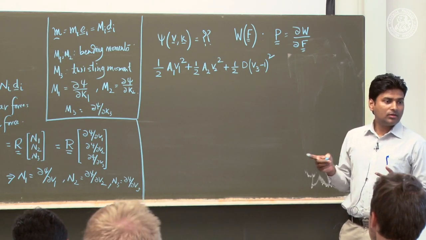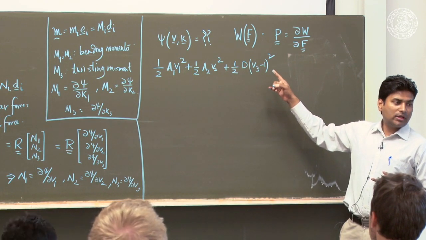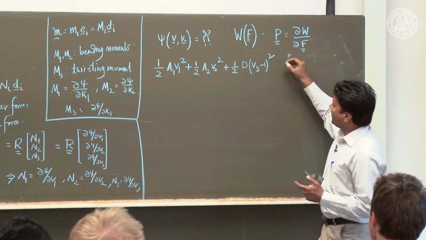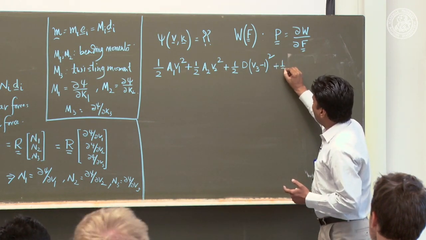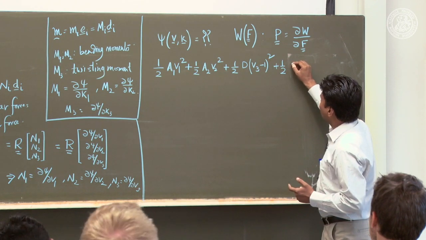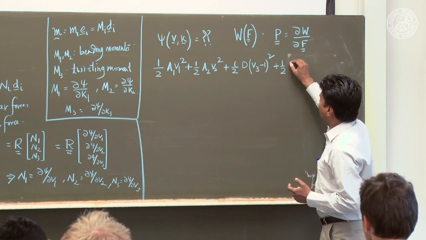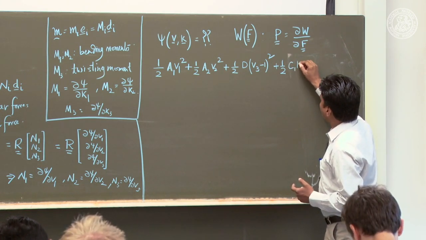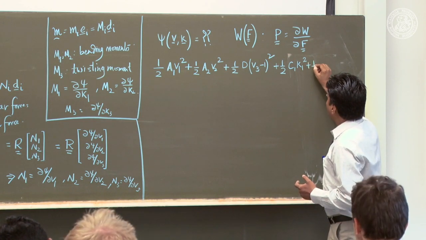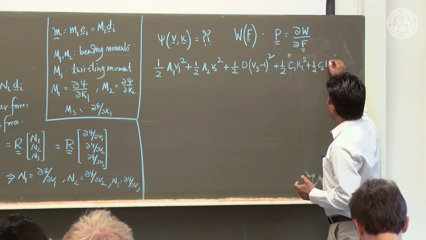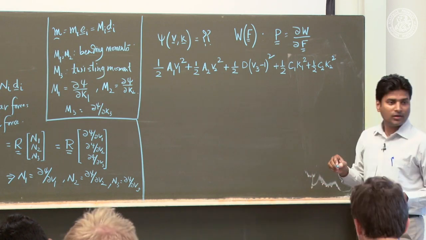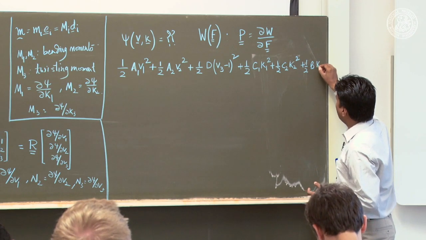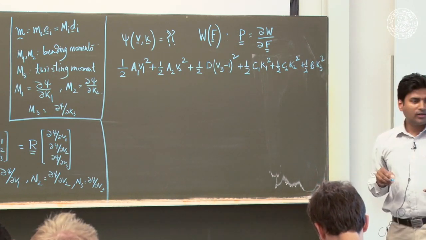So strain is V3 minus 1, and energy would be proportional to the square of the strain, right? Plus half of C1 times K1 squared plus half of C2 times K2 squared plus half of B times K3 squared.